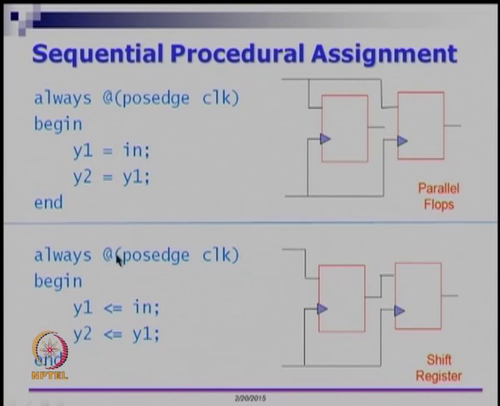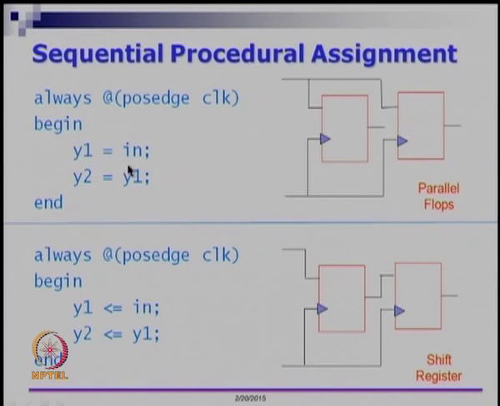Let us see some of the implications of sequential procedural assignments. In this picture we have two different assignments. The statements seem to be the same, except that both the assignments are blocking here and both are non-blocking here. Always at passage of clock means any assignment that happens inside will infer a flip flop.